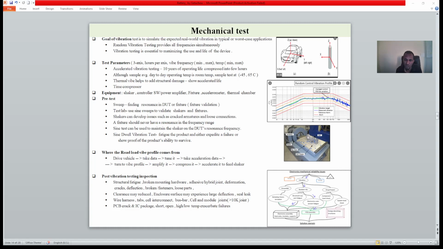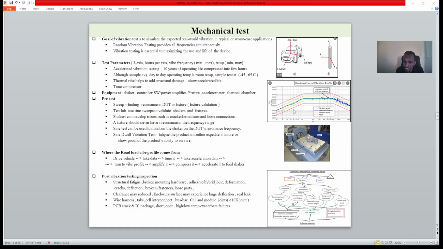So based on that, most of the time they drive the vehicle and take the data, tune it, and take the acceleration part of all those, enter it into a profile, amplify it, compress it, and then accelerate it, and then feed it to the machine, and the machine will run based on whatever you feed in. So you program it.